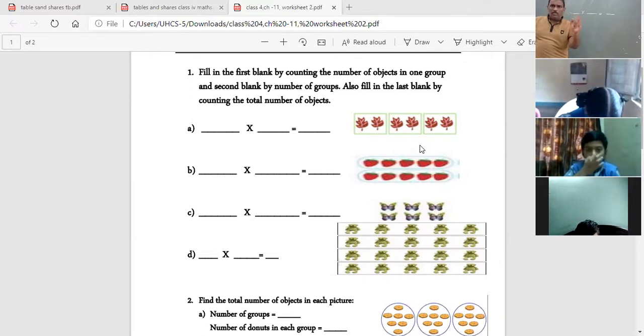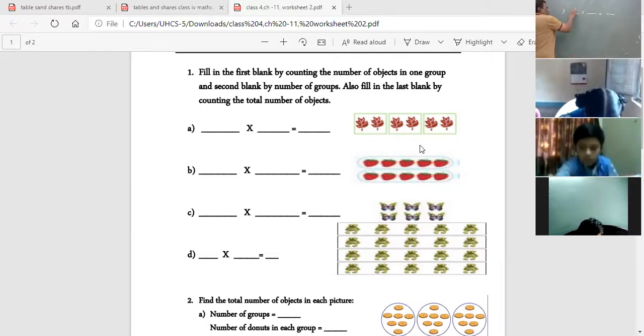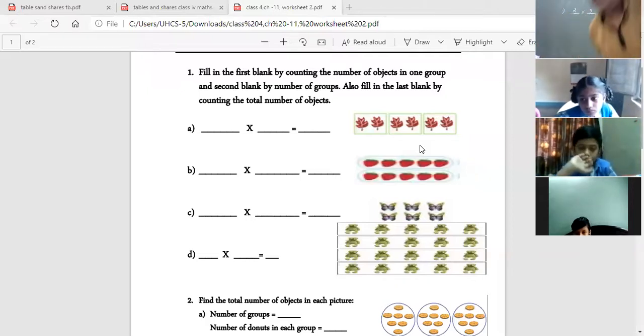So in each box, 2 things are there. How many groups are there? 3 groups are there. So the answer is this. You got my point?